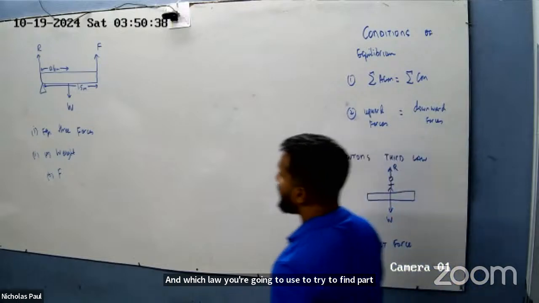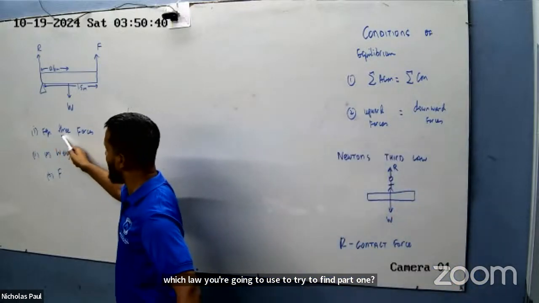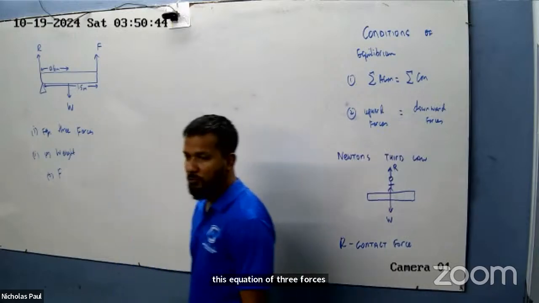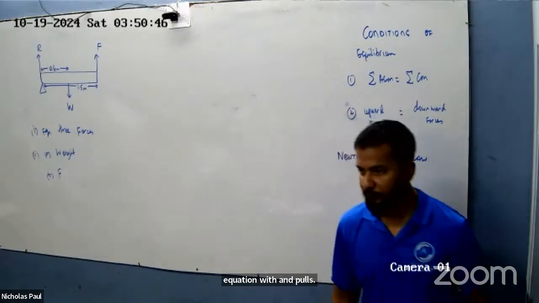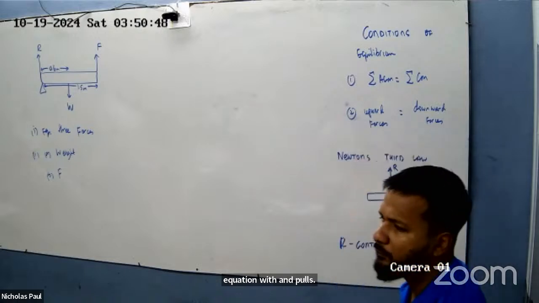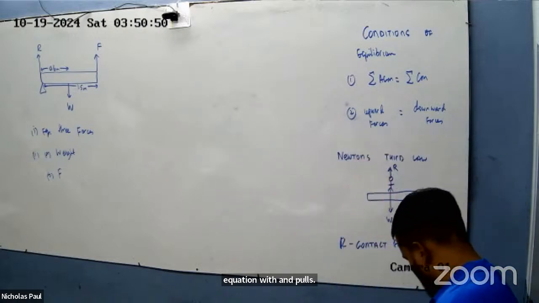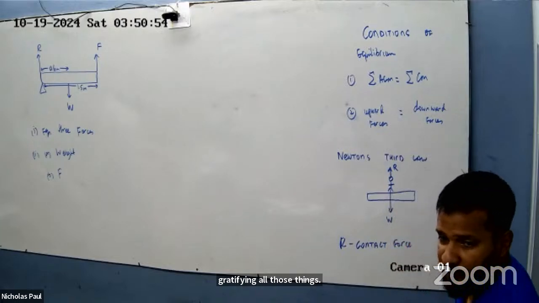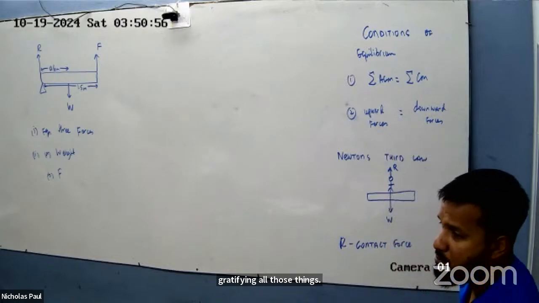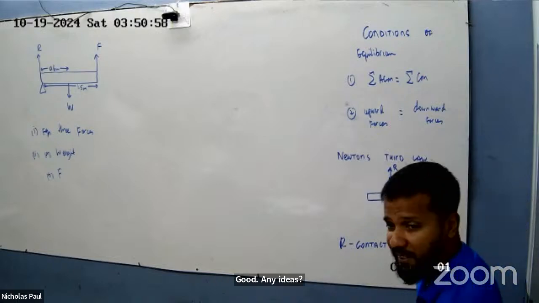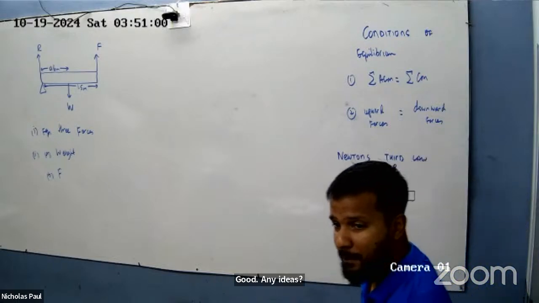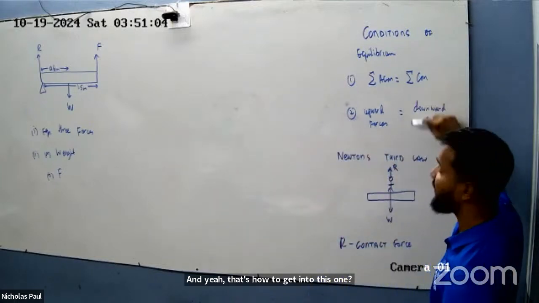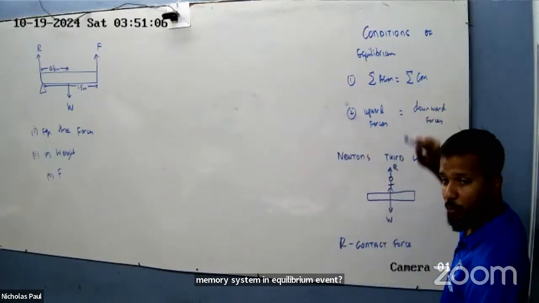There's the equation of three forces, the weight, and the force. Any ideas how to get the first one? Remember the system is in equilibrium, so the answers have to come from here.